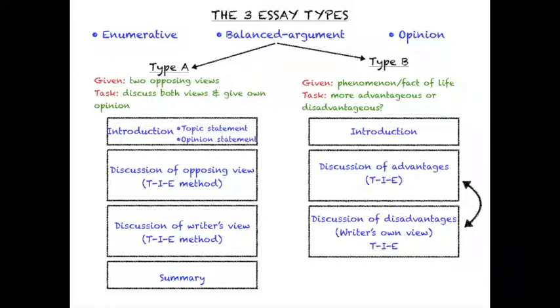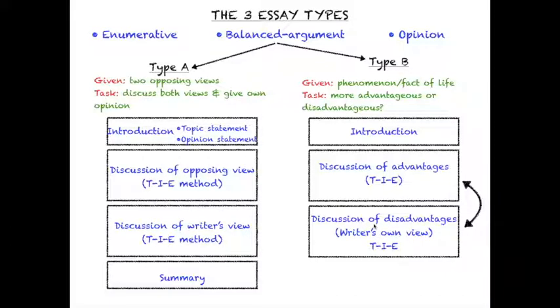Now, this is basically these arrows over here. You could write this to emphasize that it can be in either order depending on their point of view. As long as they write in paragraph 3 their view, they should be okay. All right, so that's how the outline is going to work.